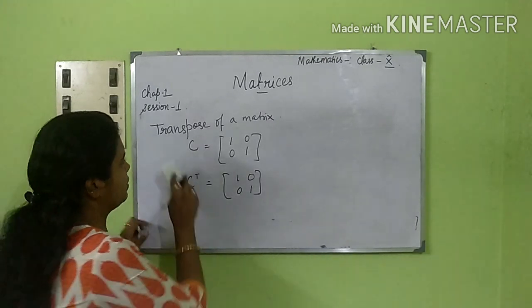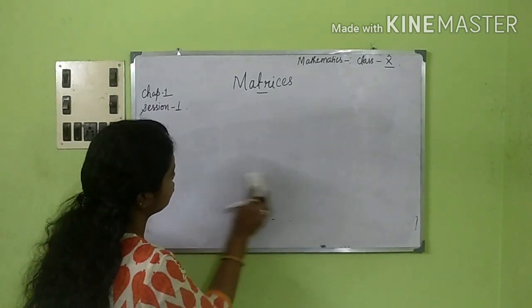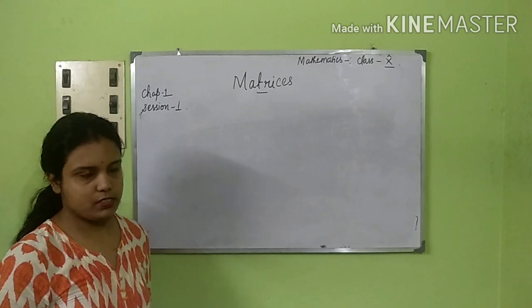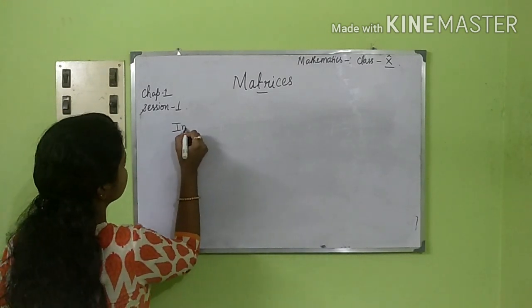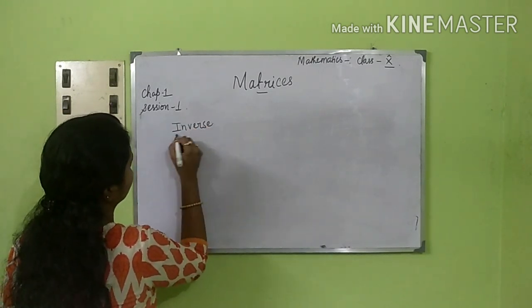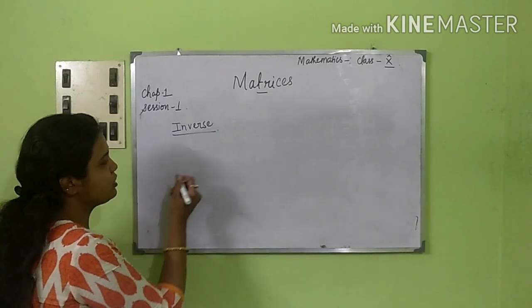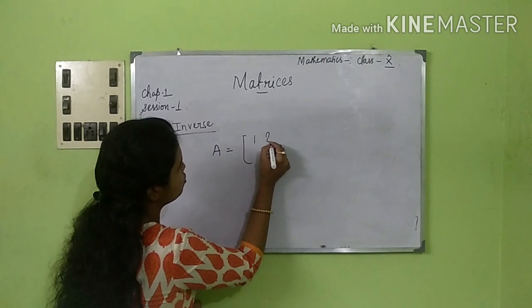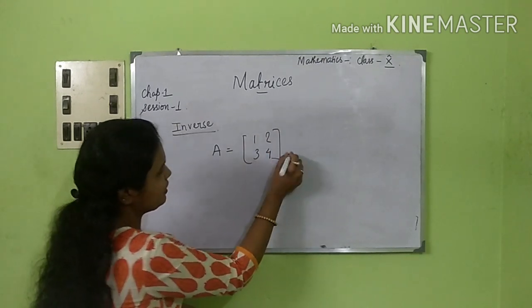Okay. Next, after the transpose matrix, we will come to the inverse matrix. Now what is the inverse matrix? Suppose A is equal to 1, 2, 3 and 4, right?